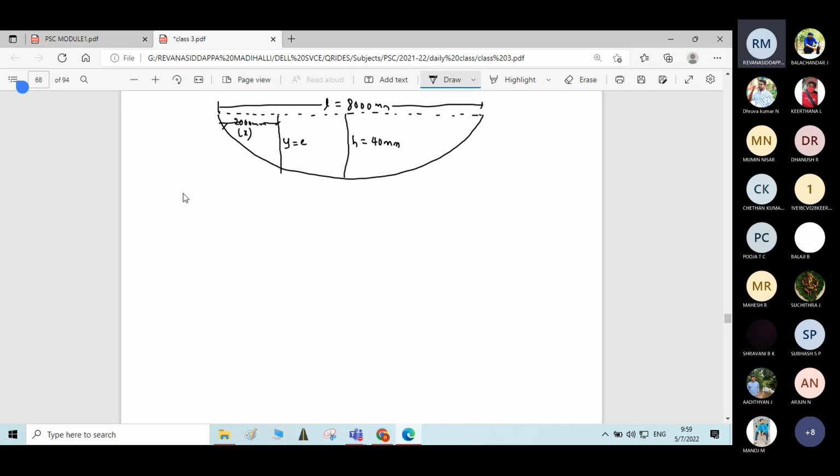Now we know the equation of parabola: y is equal to 4hx divided by L square into L minus x. Correct?